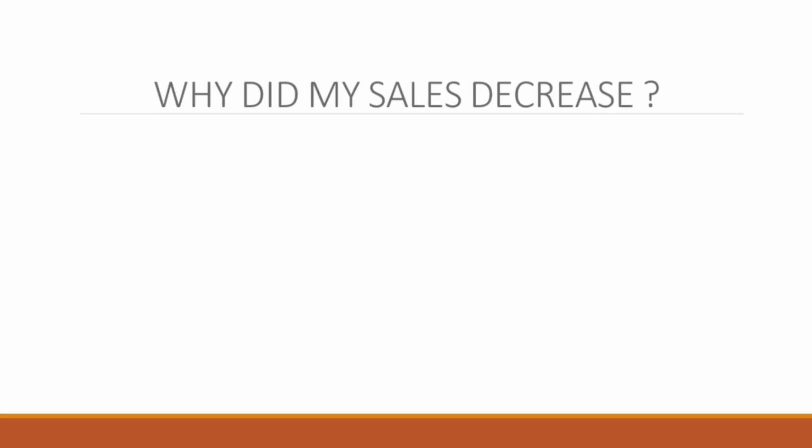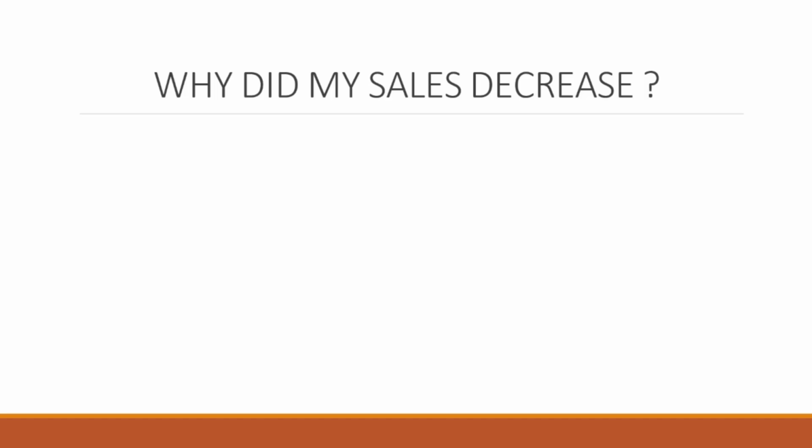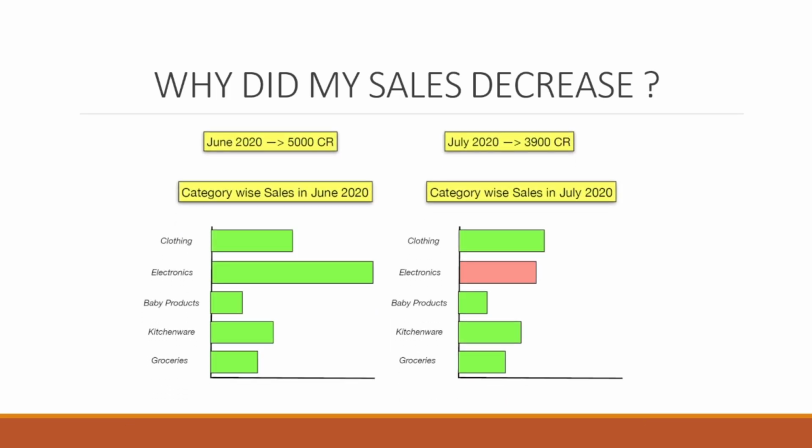Okay. Next example here we have given is about why did my sales decrease. Here we can see this image. Here we have given the June 2020 turnover of the company, and again the July 2020 turnover of the company. In June 2020 we have 5,000 crore of turnover, and in July 2020 we have 3,009 crore turnover of the company.